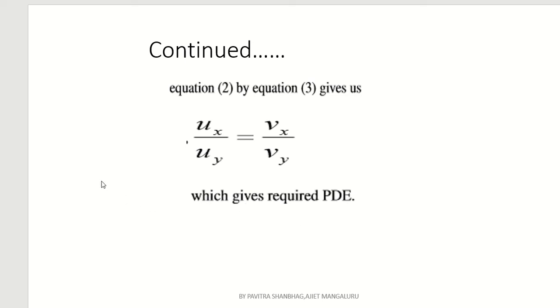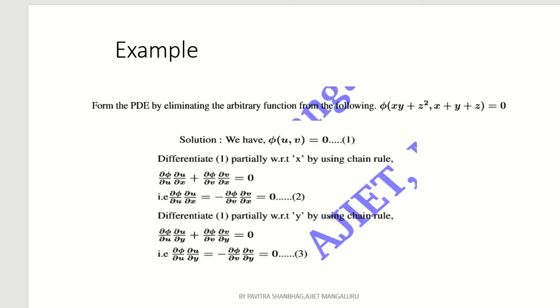Now let us discuss one problem under this. Problems based on this are very important. First example: form the PDE by eliminating the arbitrary function from the following, phi of xy plus z square comma x plus y plus z equal to 0. First you have to write the procedure, that is, we have phi of u, v equal to 0. Differentiate the given relation partially with respect to x by using the chain rule.